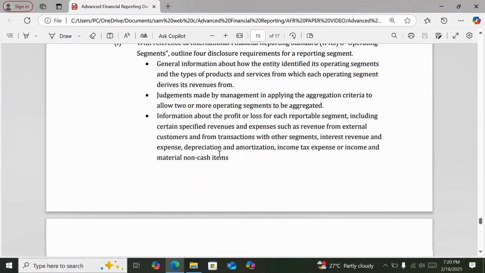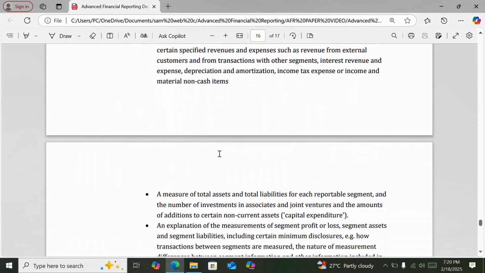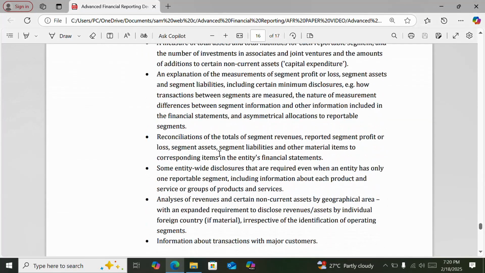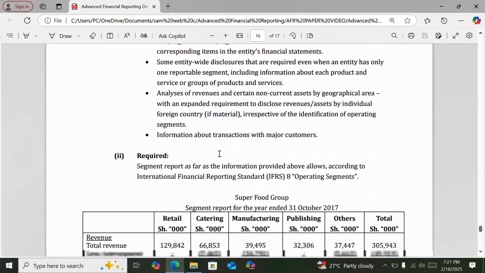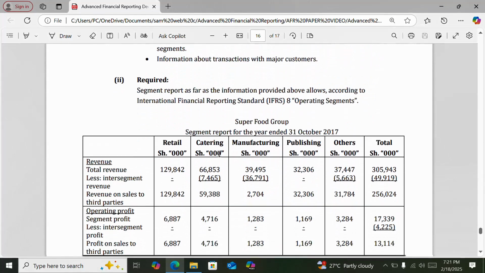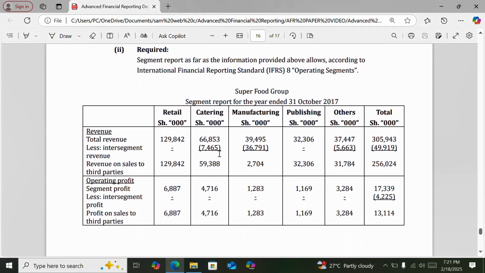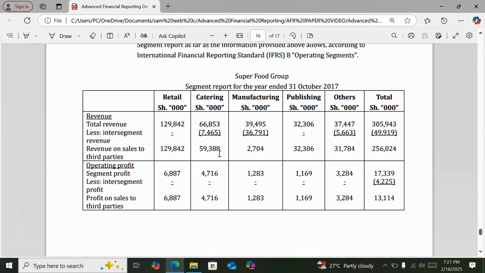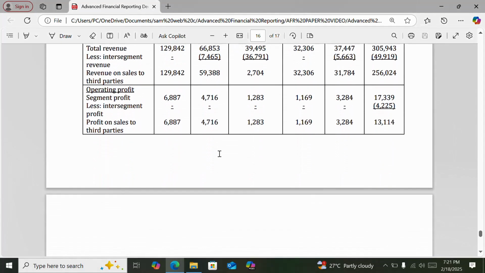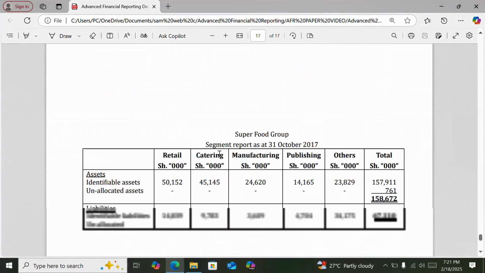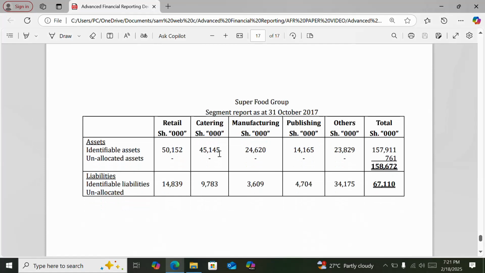So these are the disclosures. And then Roman 2, we have the segment report for the year ended 31st October 2017. And we have the segment report.